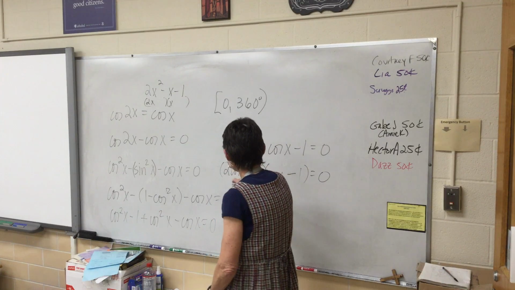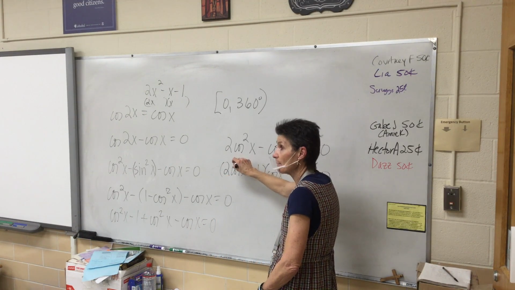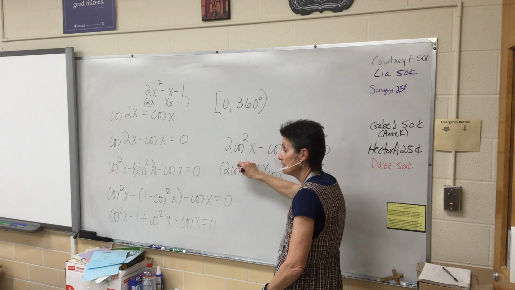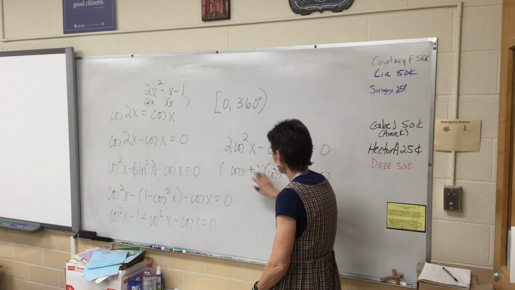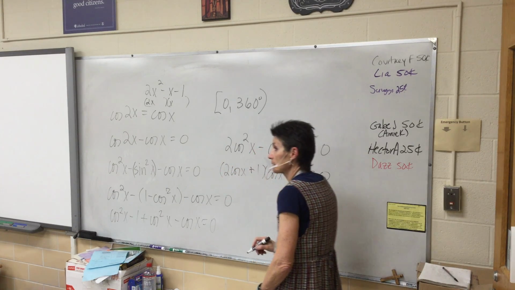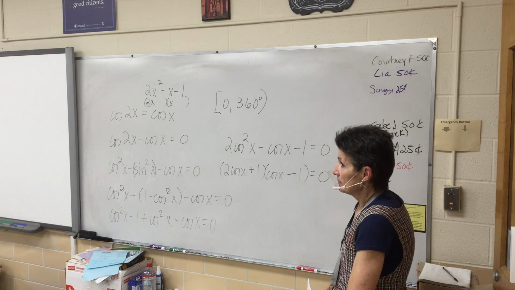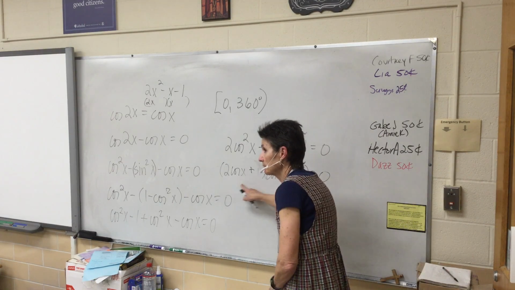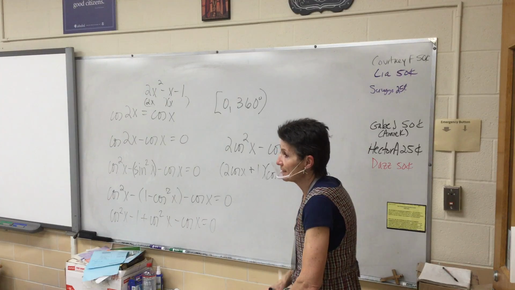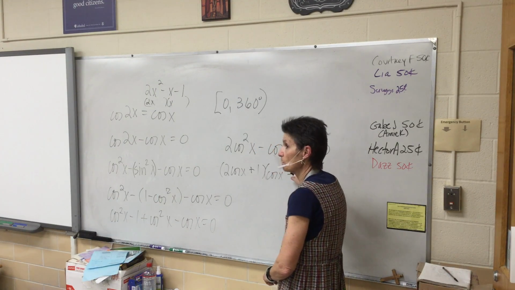So 2 cosine x times cosine x is how I get 2 cosine squared. If I didn't put that 2 there, I would only get regular cosine squared. Okay? FOIL that. I mean, you're not even writing anything down, but literally FOIL that out, and you'll see this is what you get.